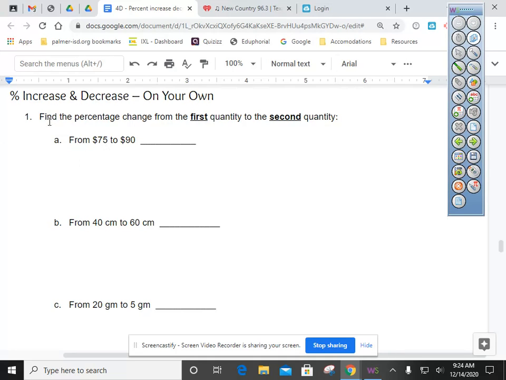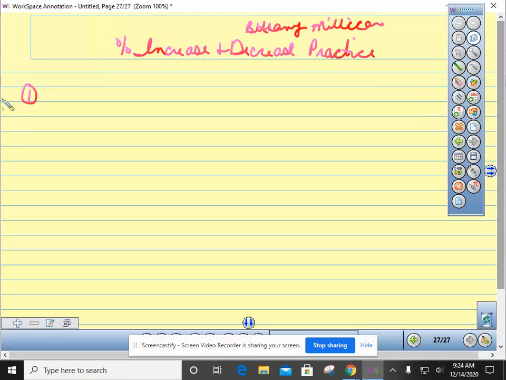So number 1 says find the percentage change from the first quantity to the second quantity. And there's A through E, I believe. So we're going to do 1A. What does 1A say? From $75 to $90. So we're going to write a proportion.